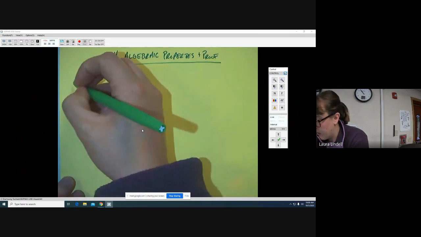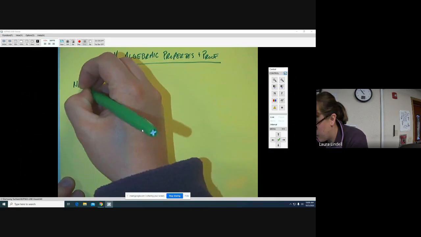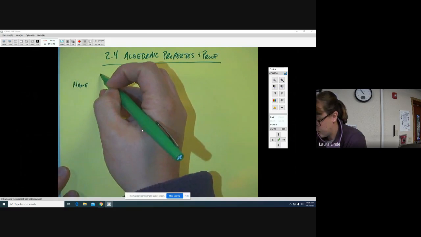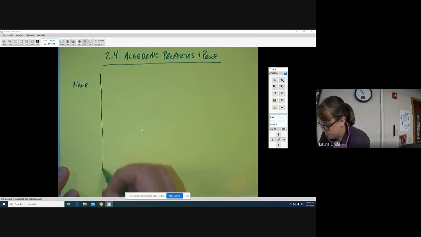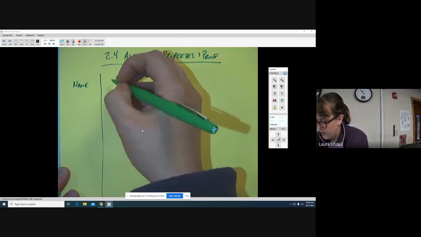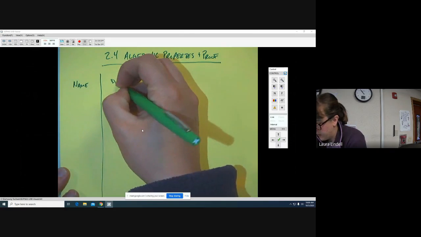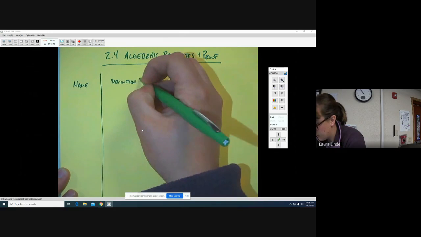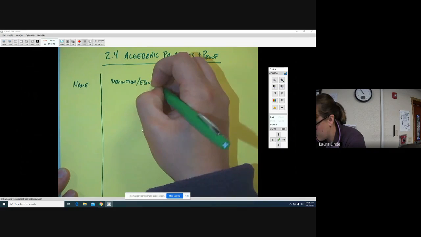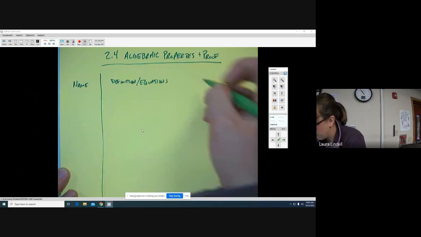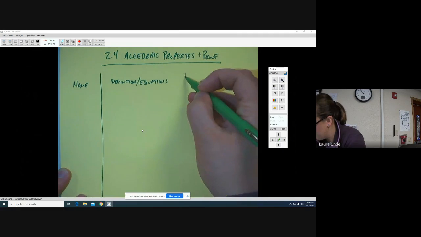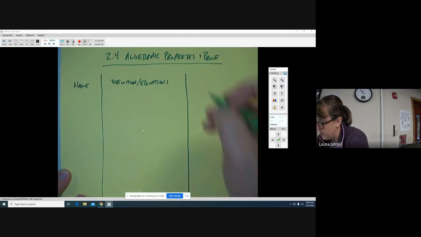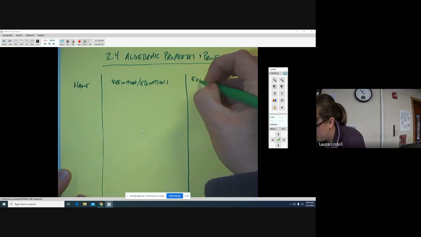So we're going to go: the name of the property, the definition / equation, and then example.